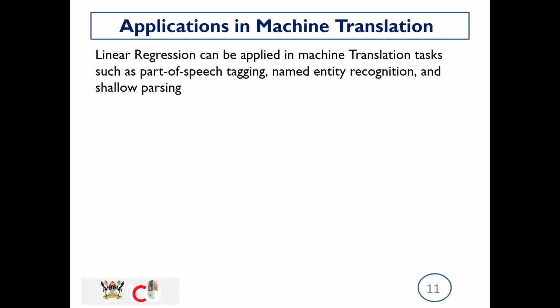Then applications of linear regression in machine translation, which is our research topic. Linear regression can be used in determining whether a certain text is part of speech. Maybe if we want to understand, like, is certain speech hate speech, so we can use linear regression to know if a certain text or phrase in a corpus is part of speech.